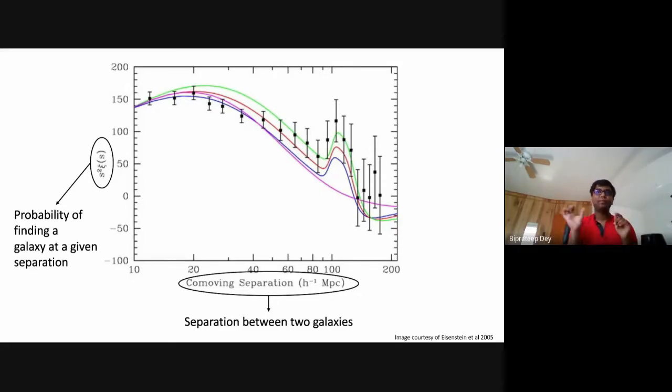You have these separations between all possible pairs of galaxies, and you just make this plot where on the x-axis you write down the separation between two galaxies, and on the y-axis you write down the probability of finding a galaxy at a given separation. So if I find 10 galaxies which are 10 kilometers apart, I just write, okay, there are 10 galaxies 10 kilometers apart. Then there are 20 galaxies which are 20 kilometers apart. There are 40 galaxies which are 30 kilometers apart, and so on and so forth.